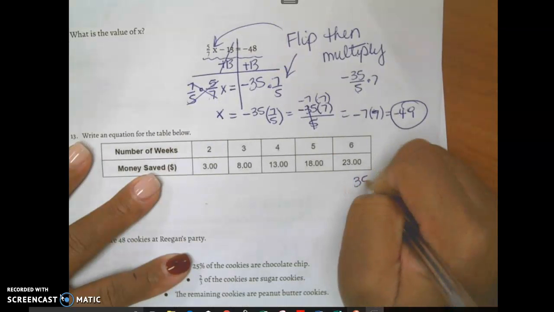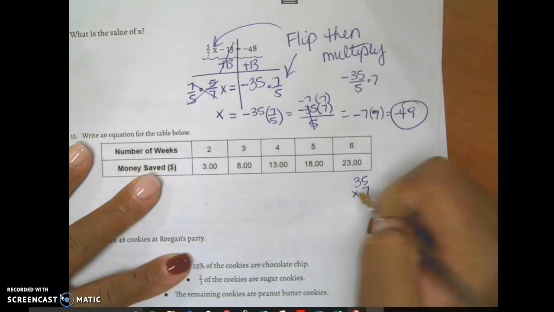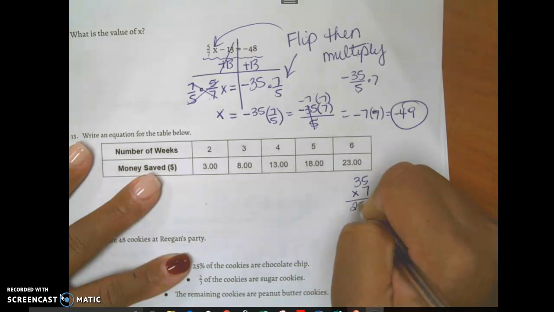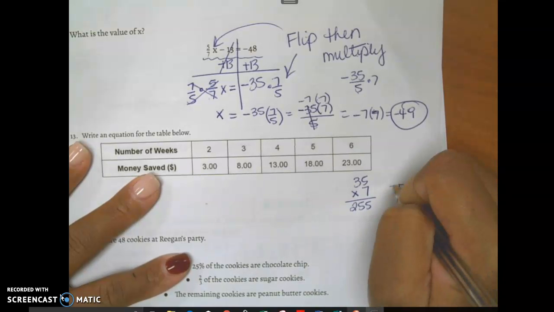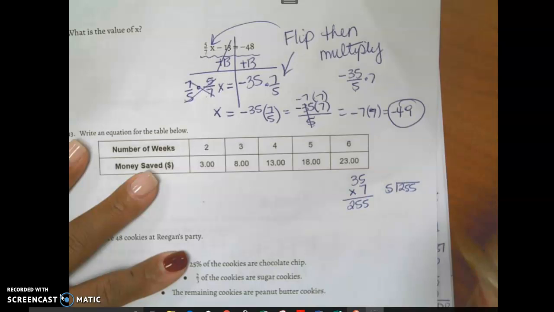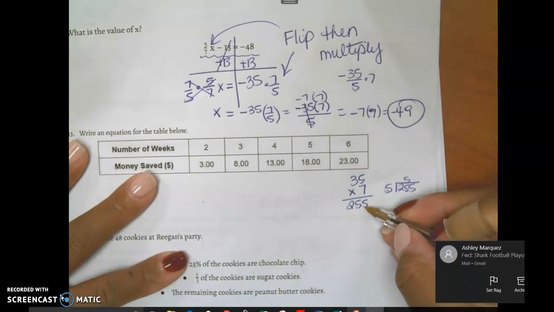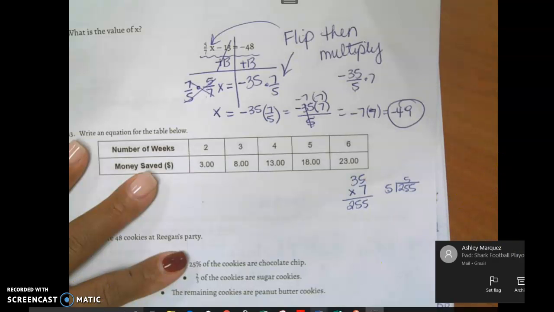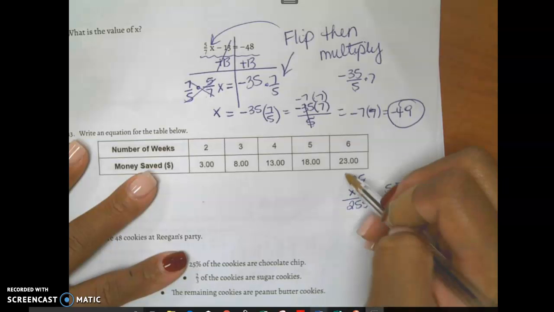Watch, 35. Stop talking. 7 times 5 is 35, carry the 3.